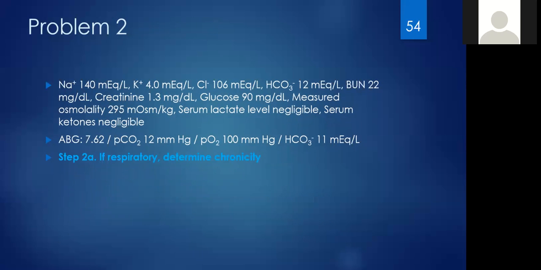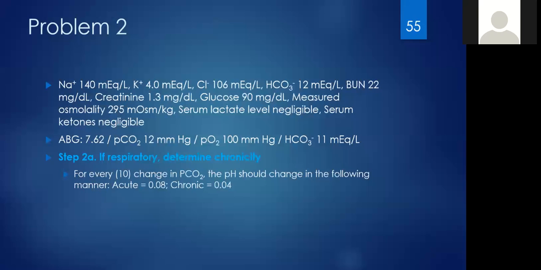So our next step is to determine chronicity. As we talked about in the first session, for every 10 points that our PCO2 changes, the pH should change in the following manner. If it's acute, it's 0.08. If it's chronic, it's 0.04. We know that a normal PCO2 is 40.